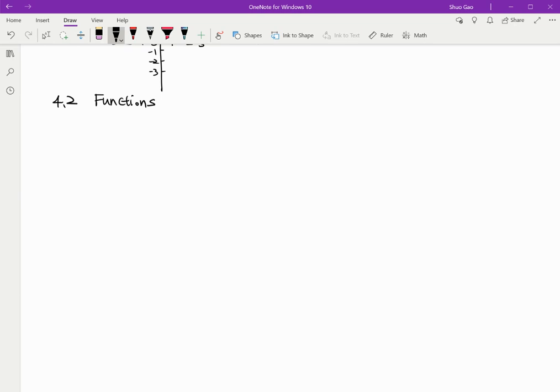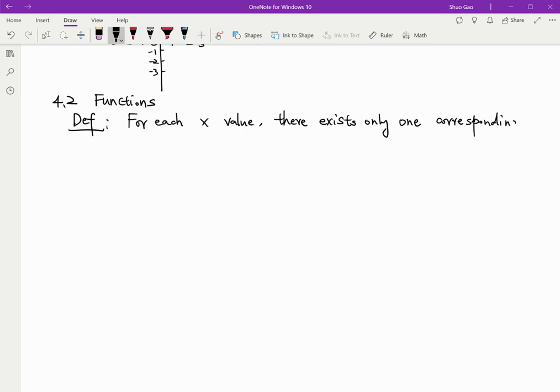Okay, definition. For each x value, there exists only one corresponding y value.